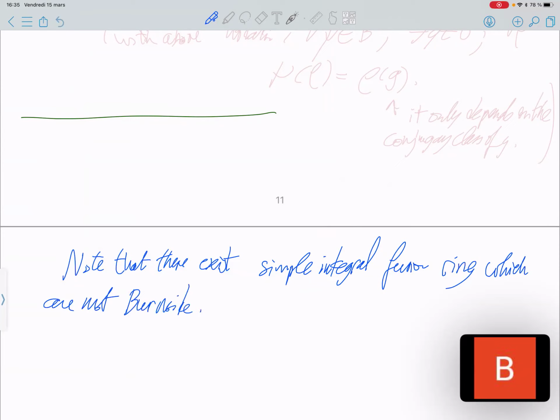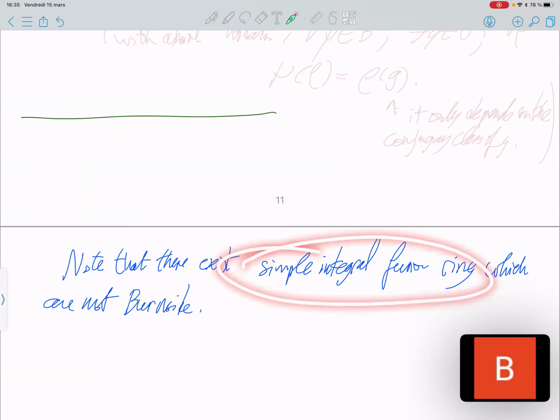There exist fusion rings which are not Burnside, but in fact, we have this simple integral fusion ring, which is useful for people who want to classify, like me, simple integral fusion categories.